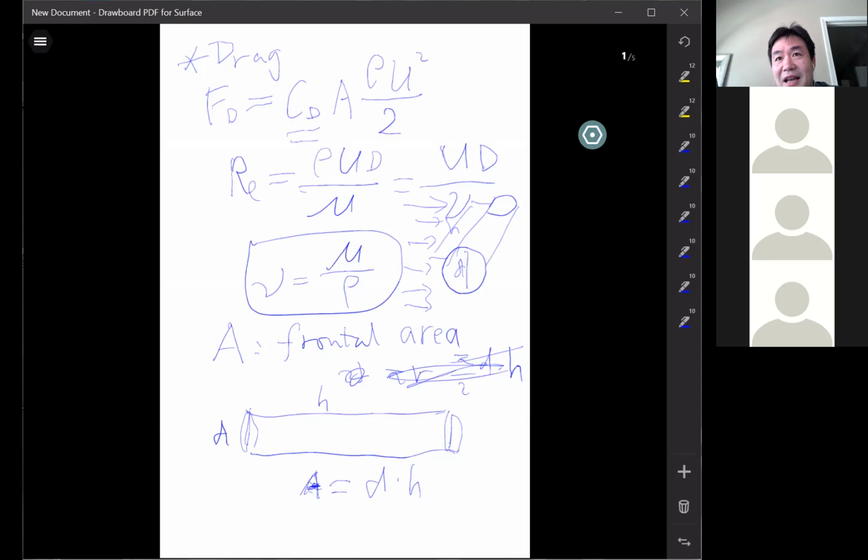Let's say the sphere has a diameter d and air blows onto it. Is it the area of the circle? That's right. It's a quarter pi d squared.